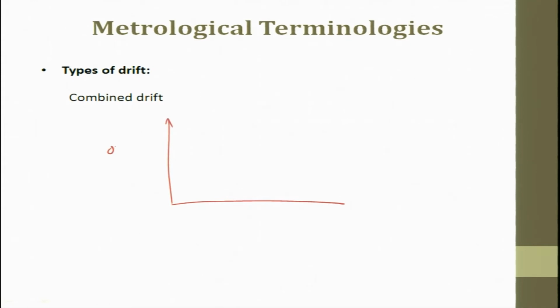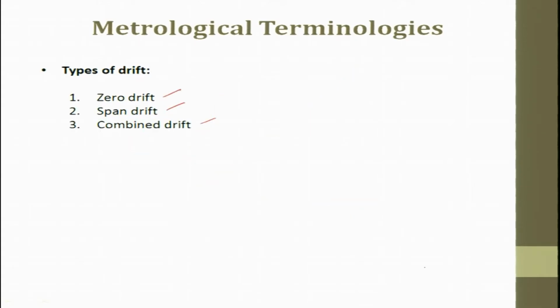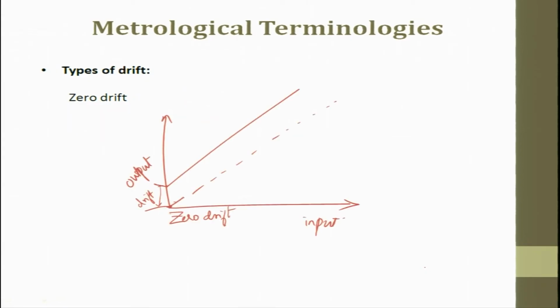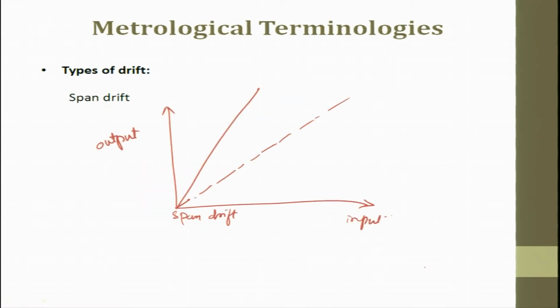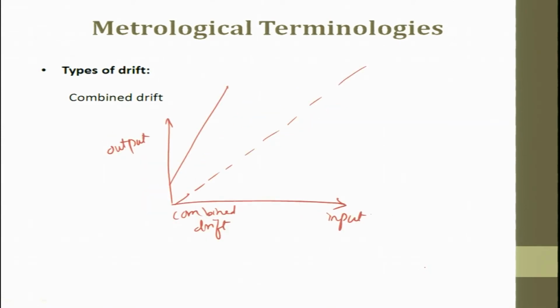This is output, it can be any variable, this can be an input variable, and this is what you normally get. This is called combined drift. So a drift is an offset from the center. You will have different types of drift: zero drift, span drift, or a combination of these two.